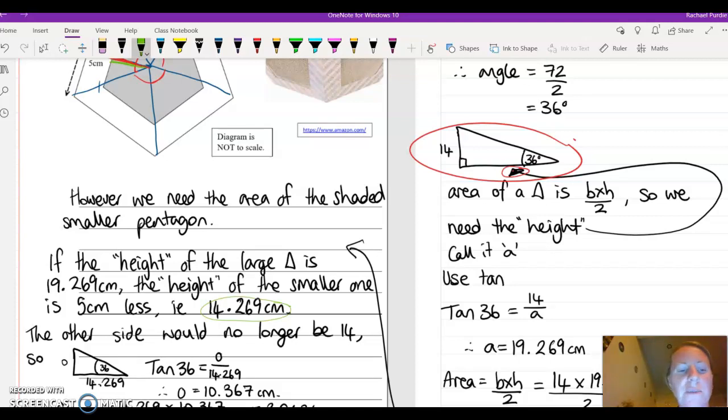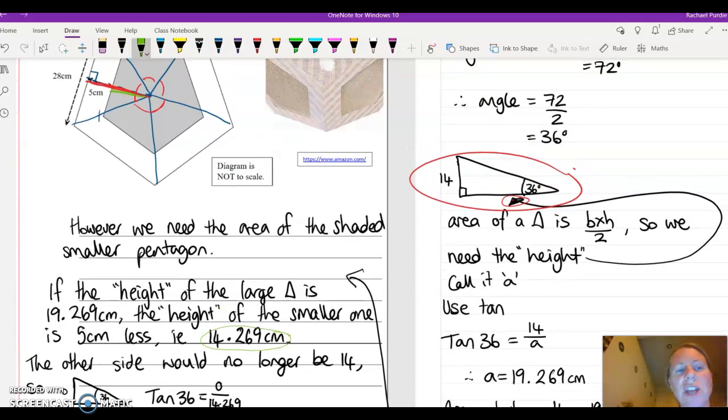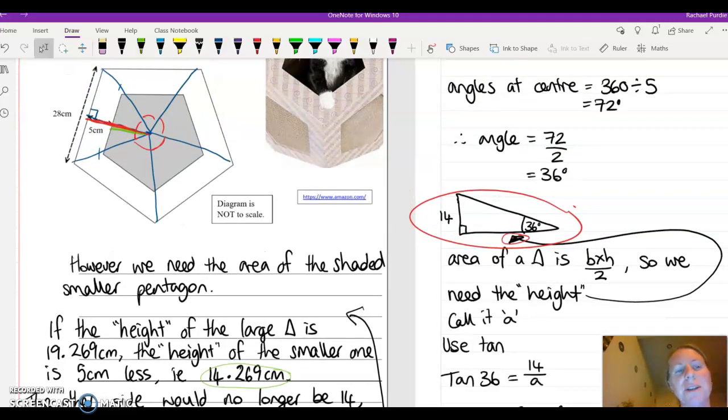That's the height of the shaded, smaller triangle. But hang on, is the base of it still going to be 14? It won't, will it? Because this is shorter than this. It's definitely shorter. So you're going to have to repeat the same thing again.